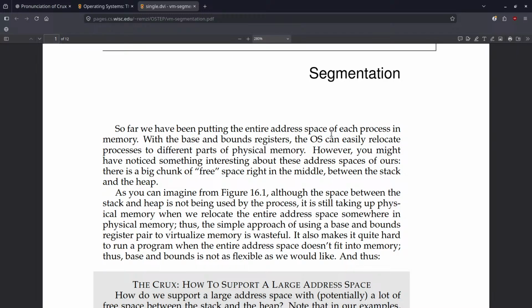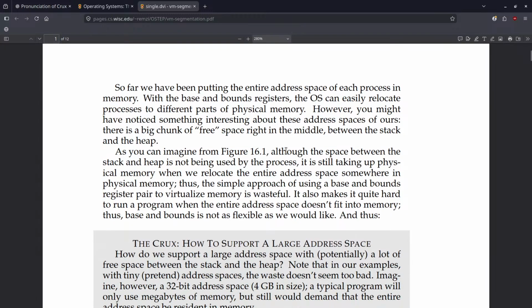As you can imagine from figure 16.1, although the space between the stack and the heap is not being used by the process, it is still taking up physical memory, where we allocate the entire address space somewhere in physical memory.